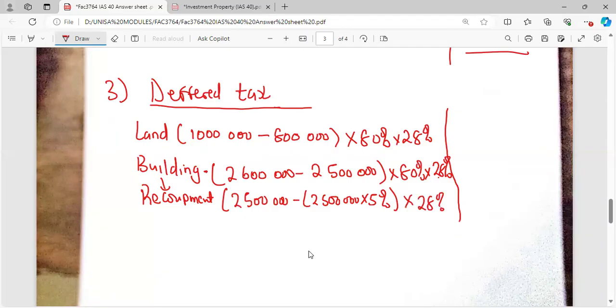I think we understand these three statements now. The reason why here we have 80%, 80%, and here we only have 28%. If there is anyone who doesn't get it, let's see if we can. So the first one is going to give us how much in terms of deferred tax?